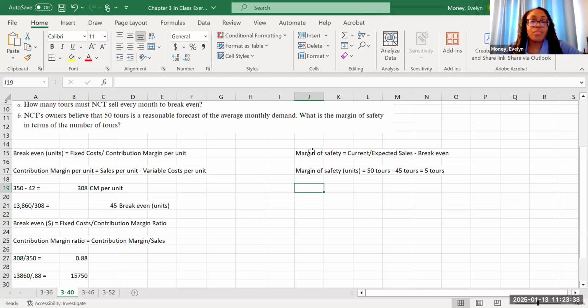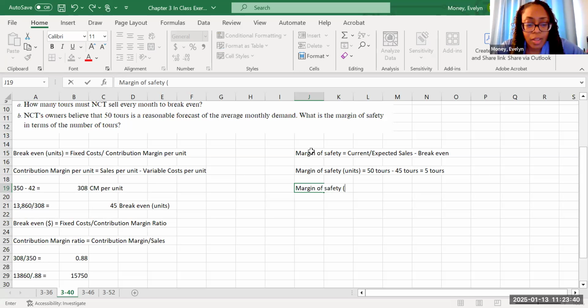Let's look at this in terms of dollar sales. So for margin of safety in dollars, I have to take the 50 tours and multiply them by my sales price of 350. So that's 50 times the 350.